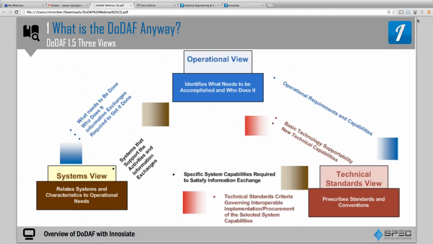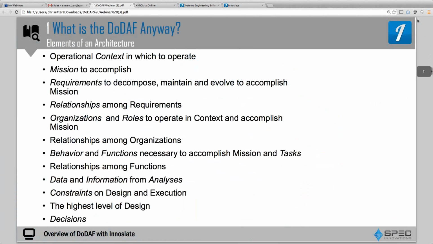The systems view relates to the services and agencies, and then there are the technical standards views. So very often those 3 are different ways to look at an architecture and help you understand it. By the way, there's actually a 4th view missing in this, and DoDAF actually had the all views in it as well. So there's actually 4.